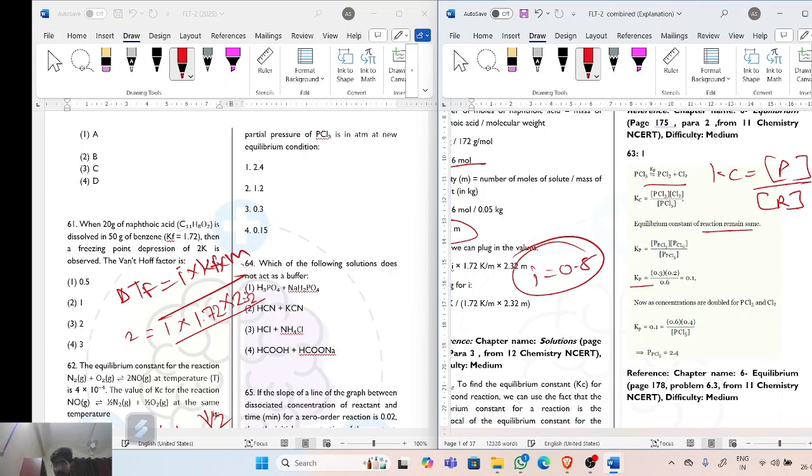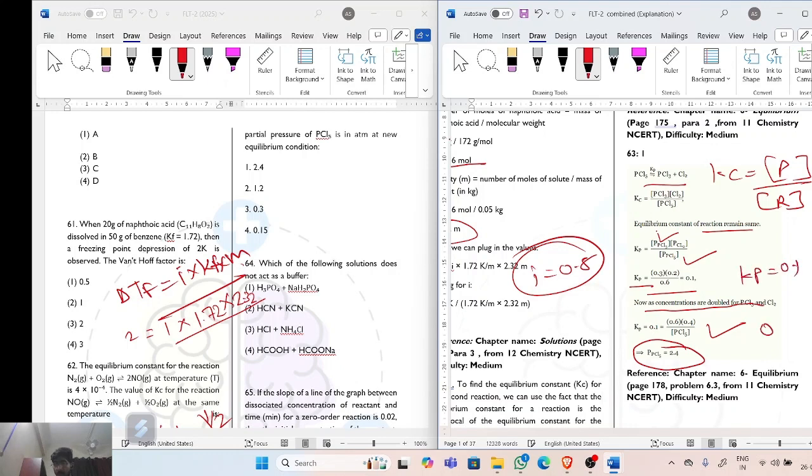So we are calculating the Kp value, which is the partial pressures of the products divided by the partial pressure of the reactant. Now, as the concentrations are doubled for PCl3 and Cl2, we get this. So Kp is 0.1.